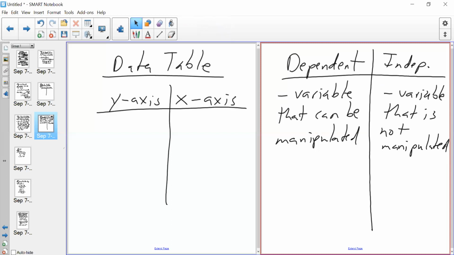The dependent variable, well, depends on the independent. So it's always the variable that you are working with, that you're controlling, that you are manipulating. And you guys have done this before in your other classes, biology, chemistry. I'm sure at some point you've had some exposure to that, hopefully.